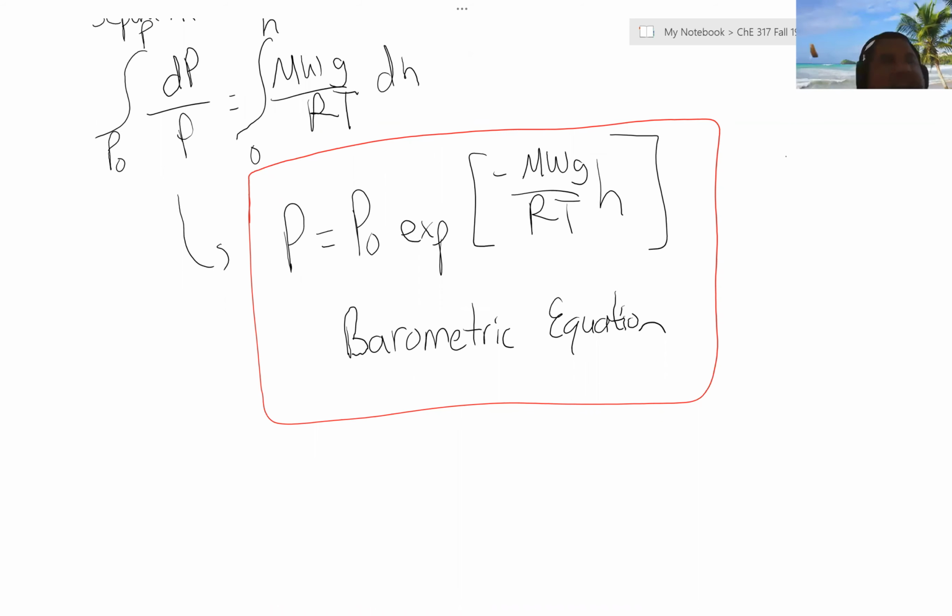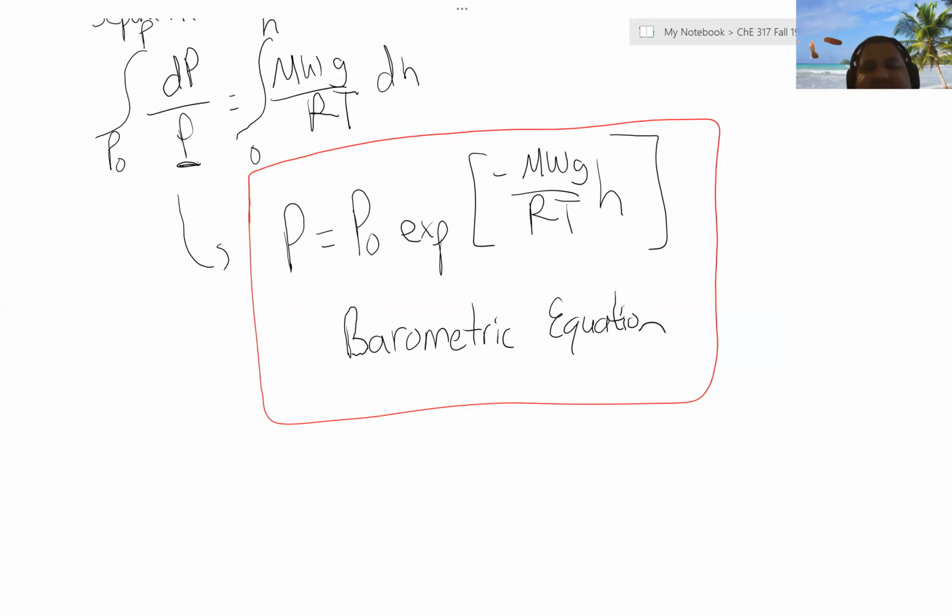And so by inputting the density correction using the ideal gas law, we can redefine our fluid statics expression. However, looking at that original derivation, we have to tweak it because this pressure is in the denominator.